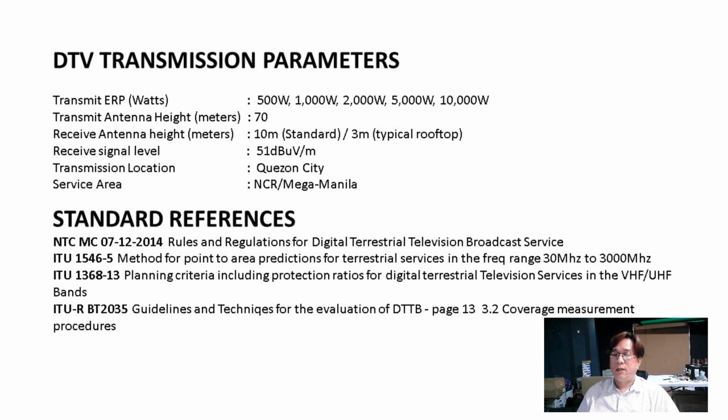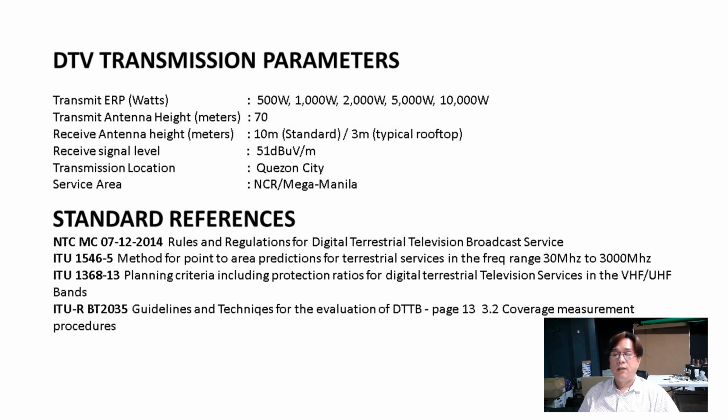The particular standard references from the International Telecommunication Union will be the ITU-R P.1546-5, which is the method for point-to-area predictions for terrestrial services in the frequency range of 30 megahertz up to 3 gigahertz. And then the other one is ITU-R BT.1368-13, which is the planning criteria including protection ratios for digital terrestrial television services in the VHF and UHF bands.